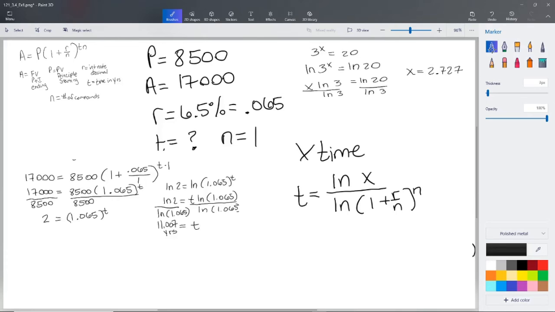So if we wanted to talk tripling time or quadrupling time or whatever it may be. So let's talk tripling time for a moment on this last problem. How much time would it take for us to triple in value? All right, so that means that time would equal the natural log of 3, because we're talking about tripling time, divided by the natural log of 1 plus, the interest rate was 0.065 again, divided by 1, and again, power of 1 here.